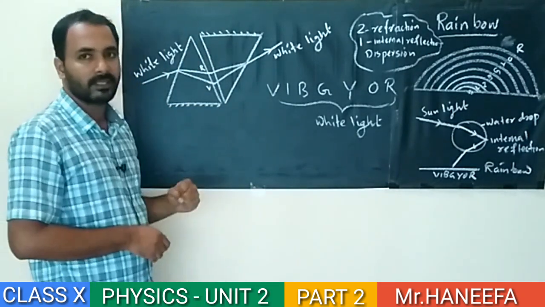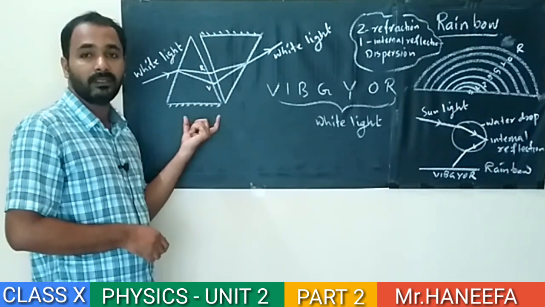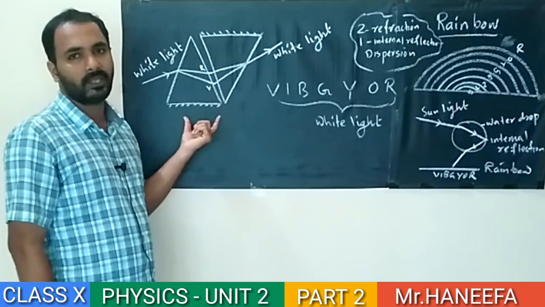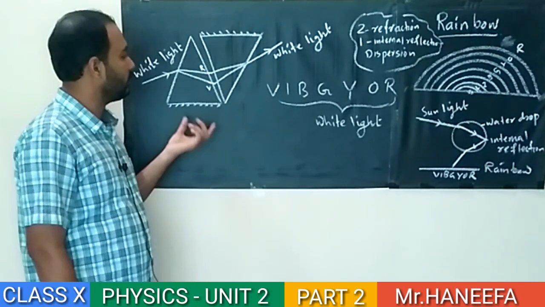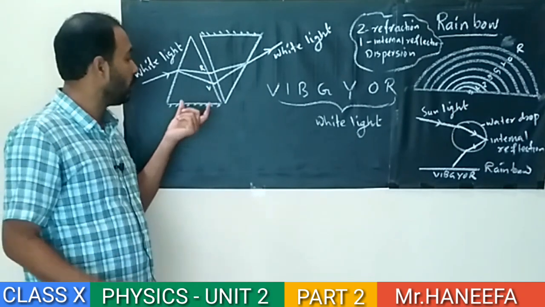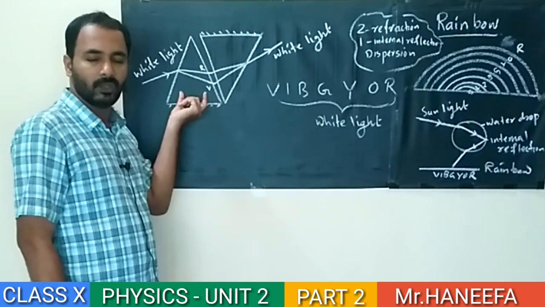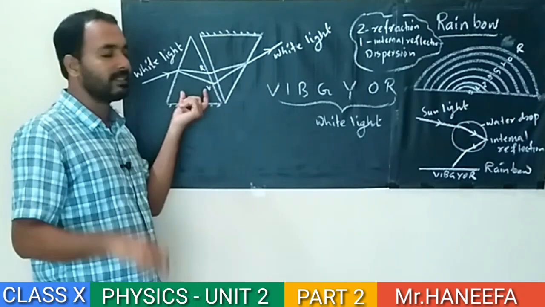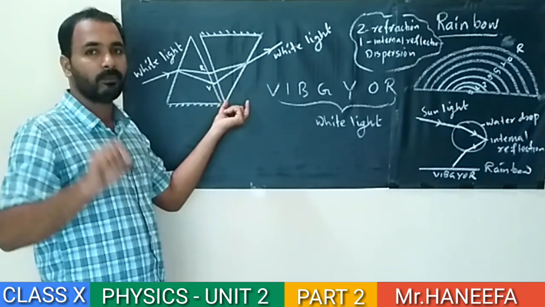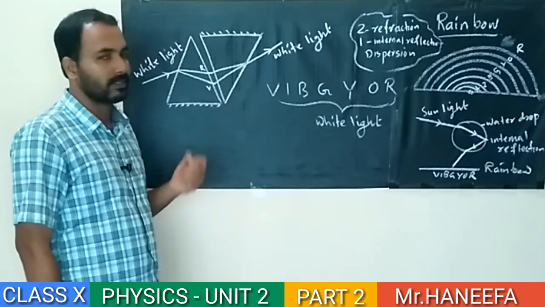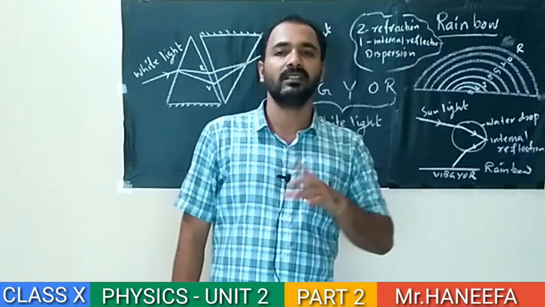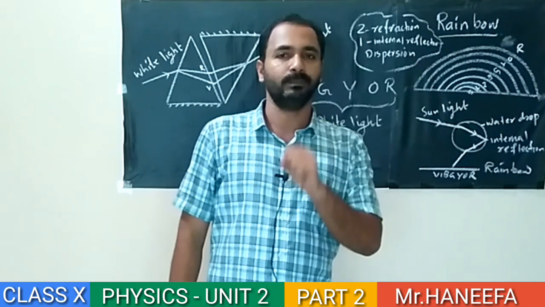First concept is one experiment done by Sir Isaac Newton. Isaac Newton first explained the formation of 7 colors using one prism. Then he placed another identical prism in an inverted position near the first prism, and he allowed these 7 colors to pass through the second prism.